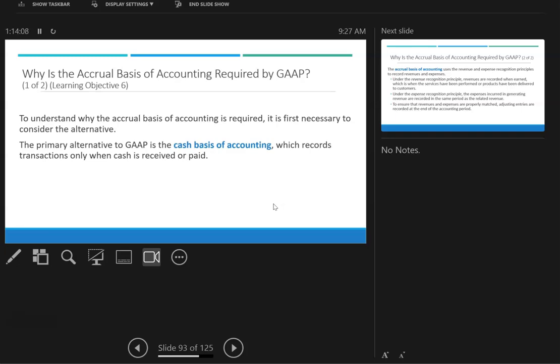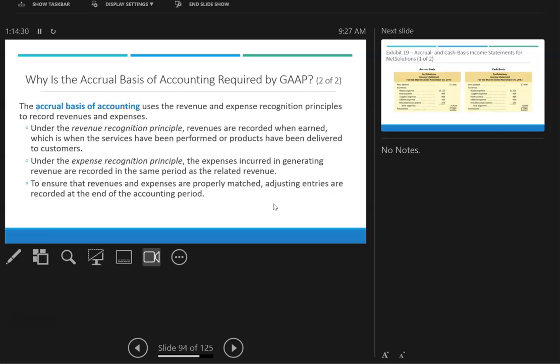Why is the accrual basis of accounting required by generally accepted accounting principles? To understand why the accrual basis is required, we need to figure out what the alternative is. The alternative would be cash basis of accounting, which means we only record transactions involving cash, which means we would only show income when cash came in, or we'd only show expenses when cash was paid out.